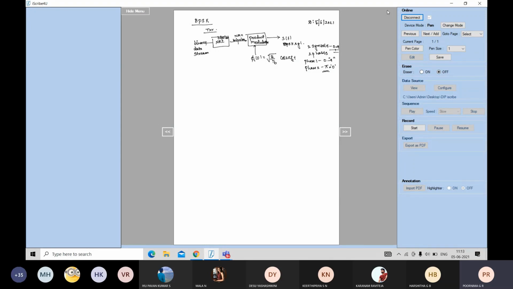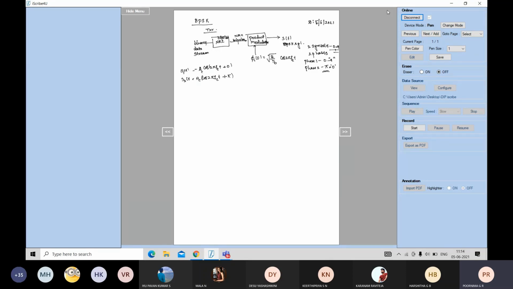So whenever you are adding such phase shifts to cos 2 pi fct, it is plus 0 for symbol 1, AC into cos 2 pi fct for S1 of t, and S2 of t will be equal to AC into cos 2 pi fct plus pi.